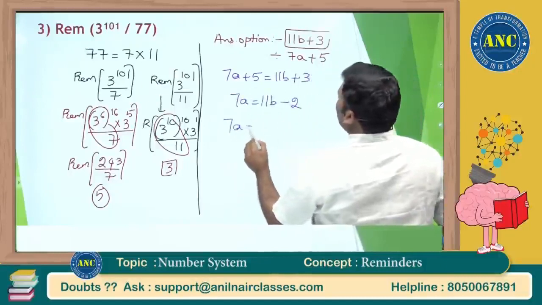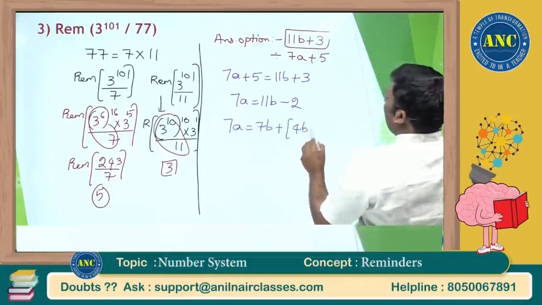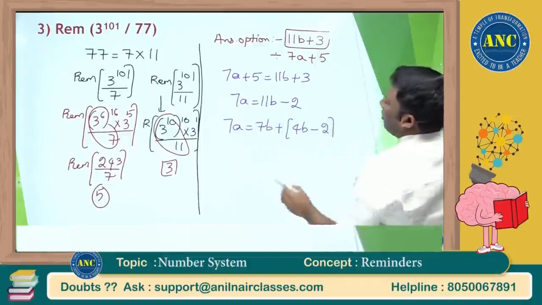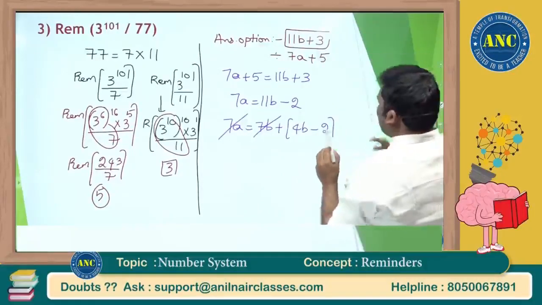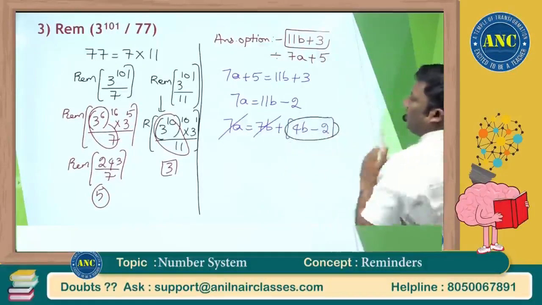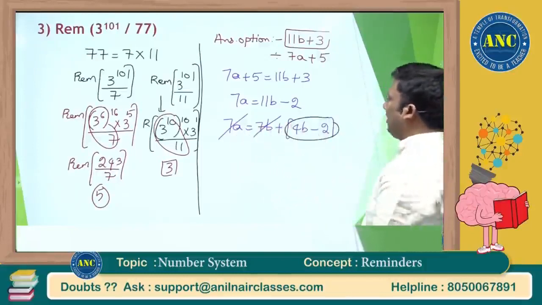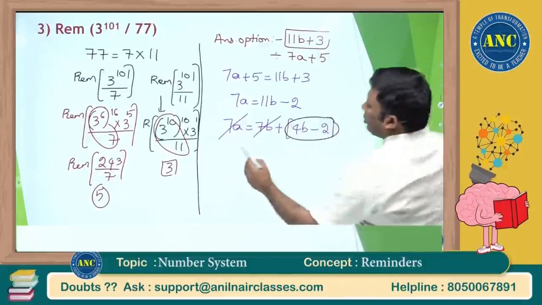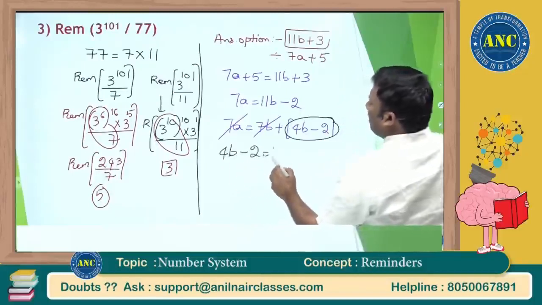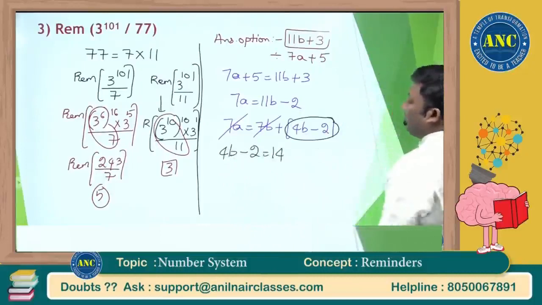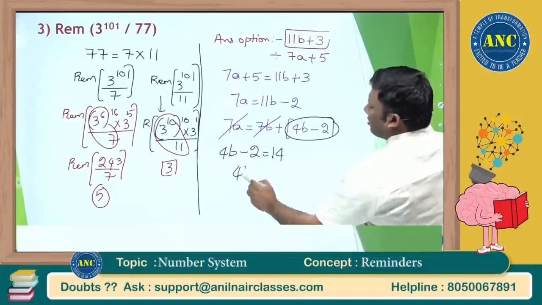So 7a equals 7b plus 4b minus 2. 4b minus 2 should be divisible by 7. 7a and 7b are divisible by 7. 4b is an even number and 2 is even, so equating with 7 is not possible; equate with the next multiple.